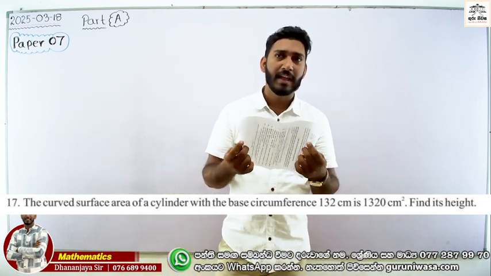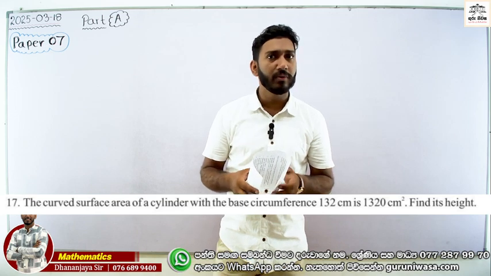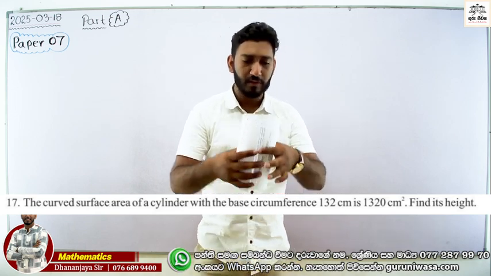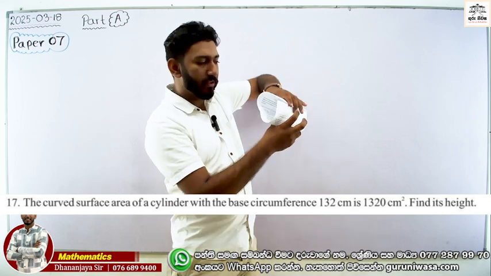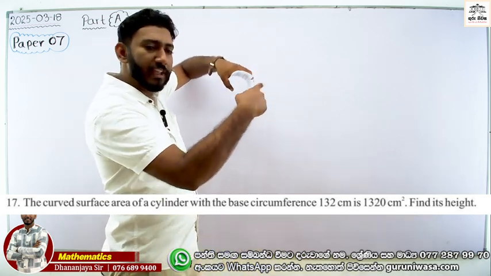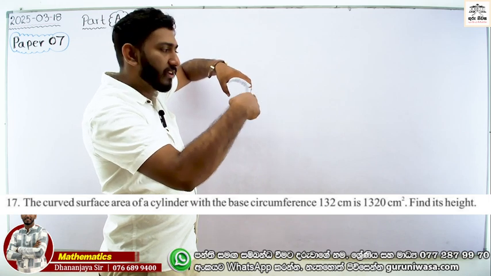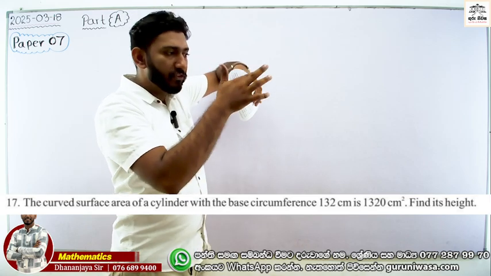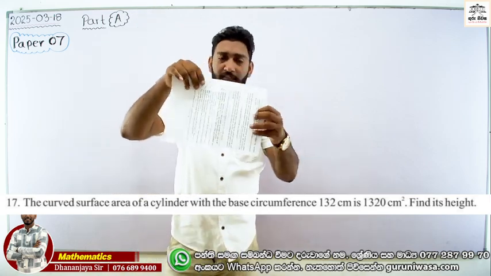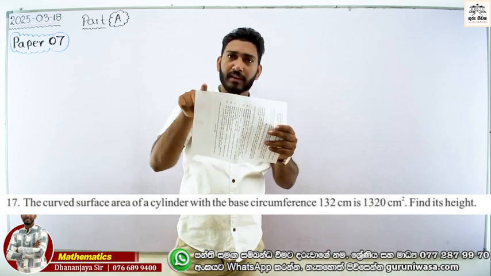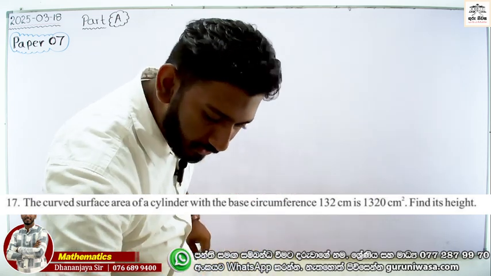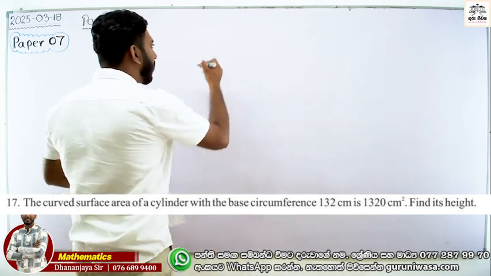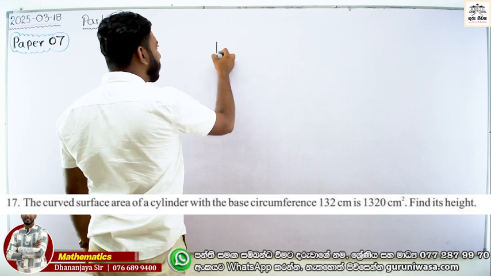Length into breadth. Now look at this. This side is the circumference, the perimeter of a circle, so this should be the length. You know how to find the circumference of a circle. It becomes 2 pi r.